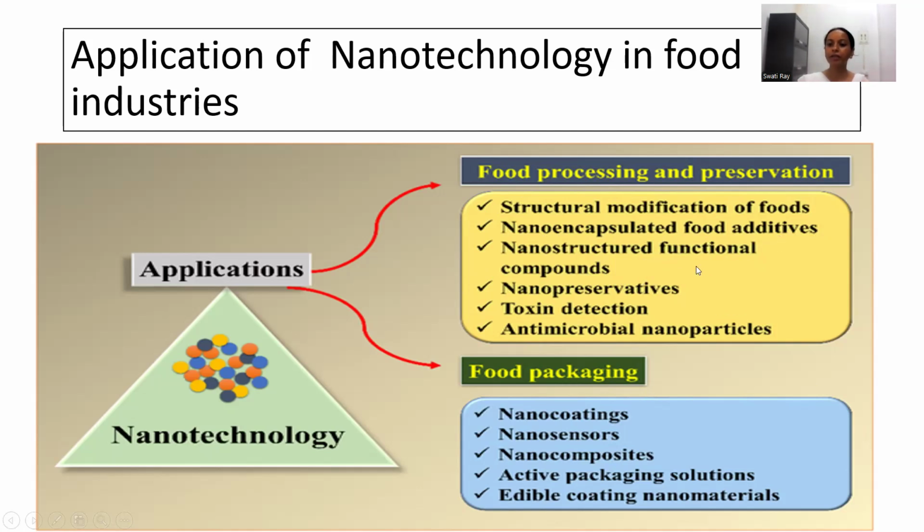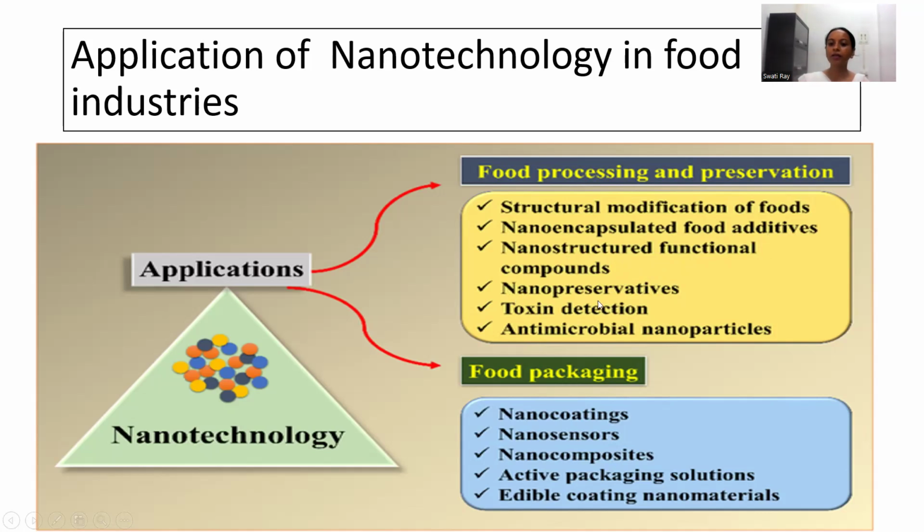One of the major problems in applying these functional foods in food processing is their instability, as they are easily degraded in various environmental conditions, including the gastrointestinal tract. Their low bioavailability is another major challenge. To improve bioavailability and stability, nanostructures are very helpful.